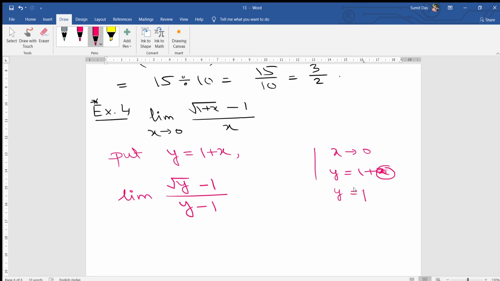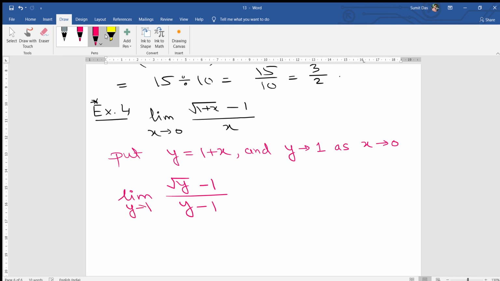So y tends to 1 as x tends to 0. Okay, so here the limit will be y tends to 1.